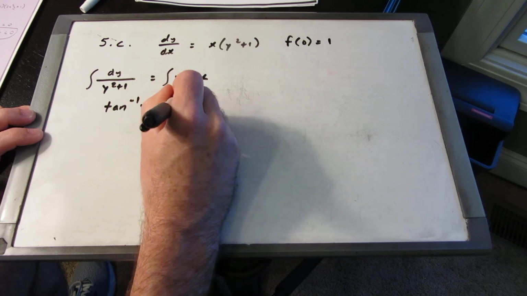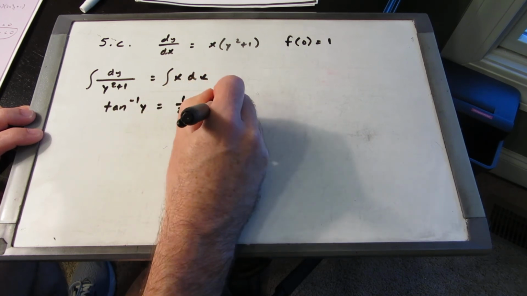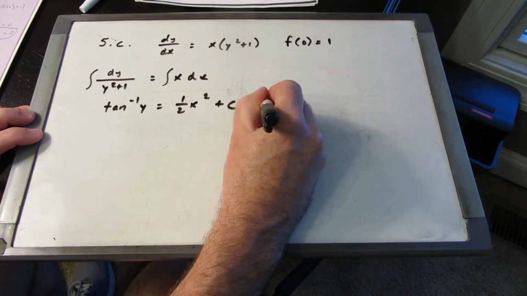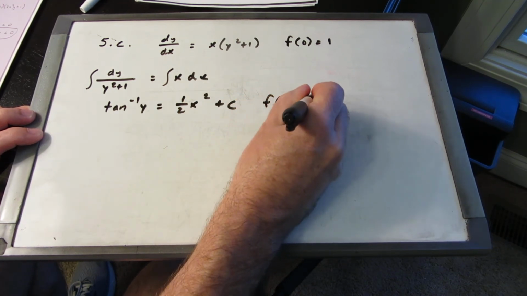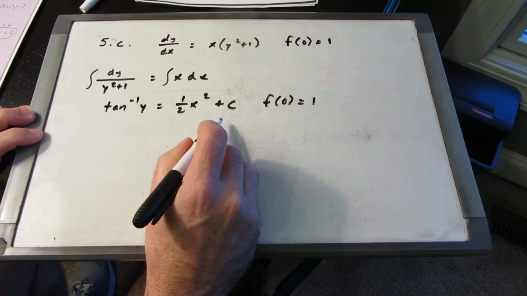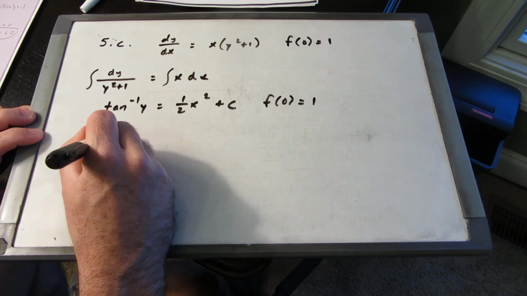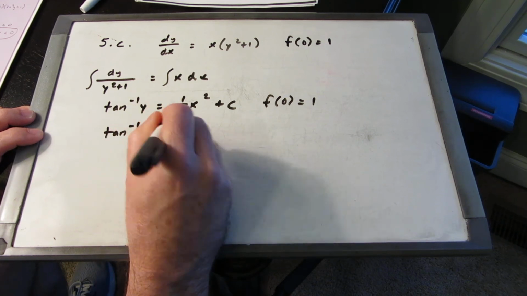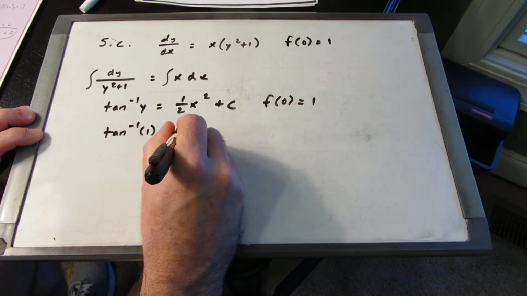And that's going to be equal to 1/2 x squared plus c. We know that f of 0 is equal to 1, so we can get our value for c. Plug those numbers in: inverse tangent of 1 is equal to 1/2 times 0 squared.